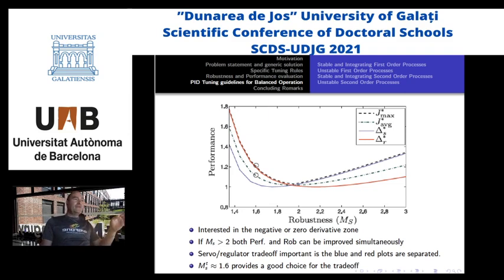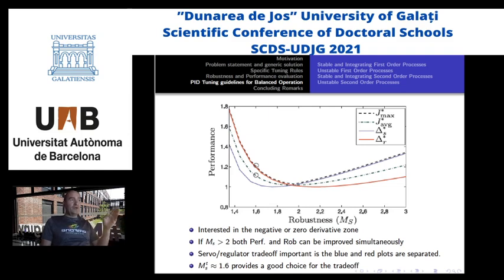But if you go to the right part of the slide, for example to 2.4, you don't have any trade-off, because you can improve robustness and performance at the same time. So there is no robustness-performance trade-off.